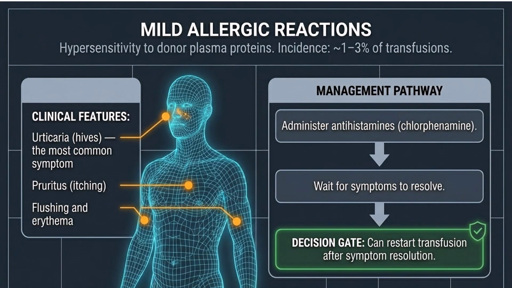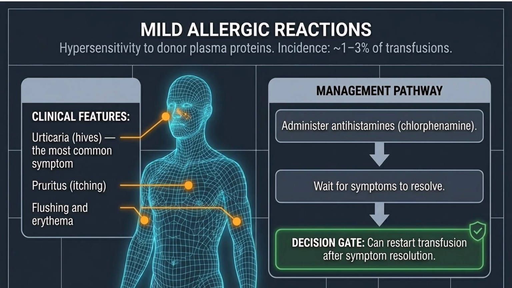This slide covers the mild end of the allergic spectrum, confined to the skin with no systemic involvement. Clinical features include three cardinal signs. First is urticaria, hives, the most common symptom: raised, itchy, erythematous wheals appearing during the transfusion, classically described as blotchy and well demarcated.